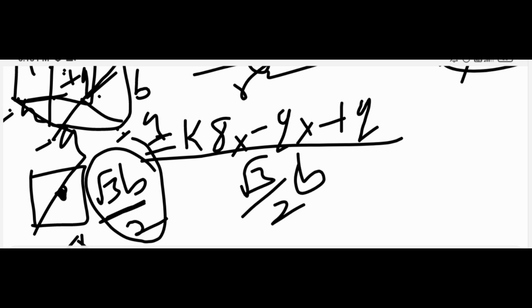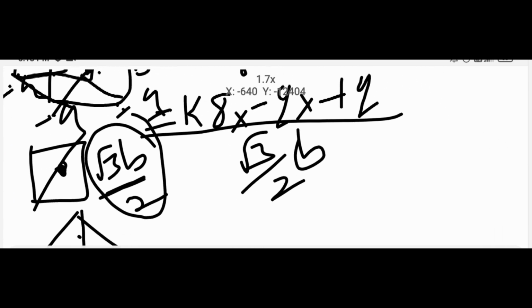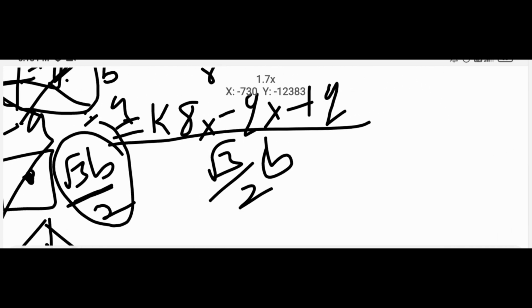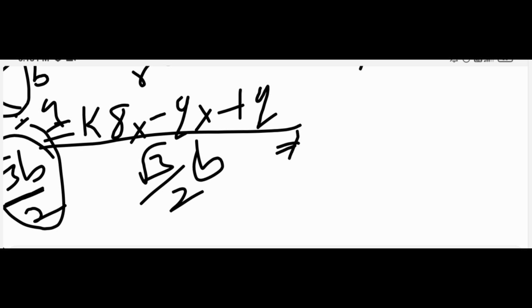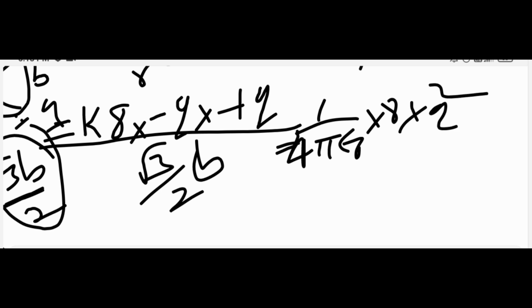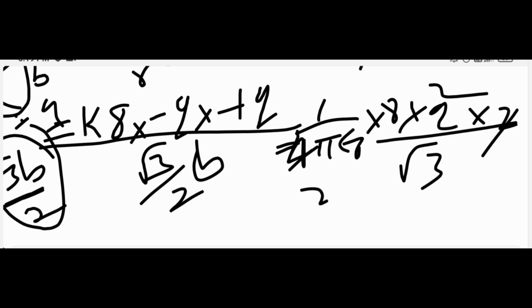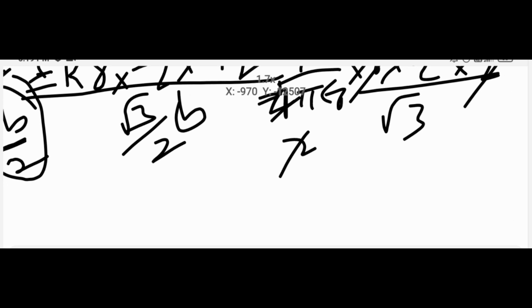Again the value is given in terms of 1 by 4 pi epsilon naught. Substitute k like that, so you will finally get q into q square. The 2 will go into the numerator, with 1 by 4 pi epsilon naught times 8 into q square divided by root 3. 2 fours are 8, so it will be 4 by root 3, and minus, because q1 was the minus q charge, right?